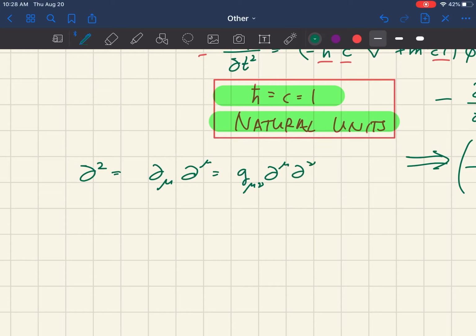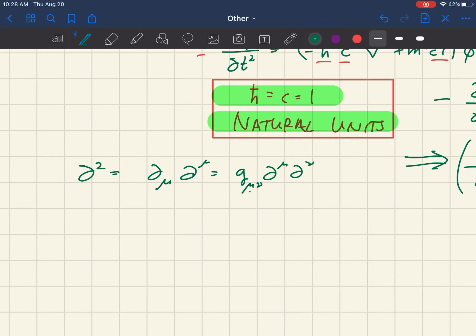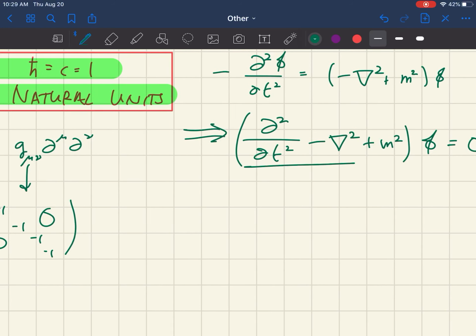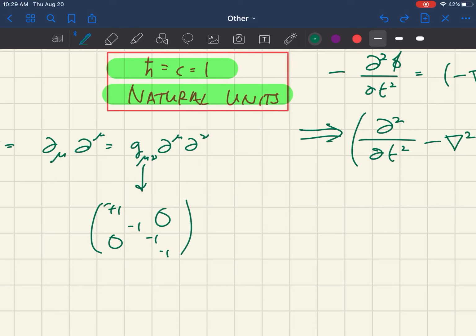This is just a classical contraction with the metric tensor. In this case we're using the Minkowski metric tensor, which is plus 1, minus 1, minus 1, minus 1, everything else is 0. Doing this matrix multiplication out, we obtain exactly what this is. The plus is the time component, everything else is minus, which corresponds to this Laplacian.